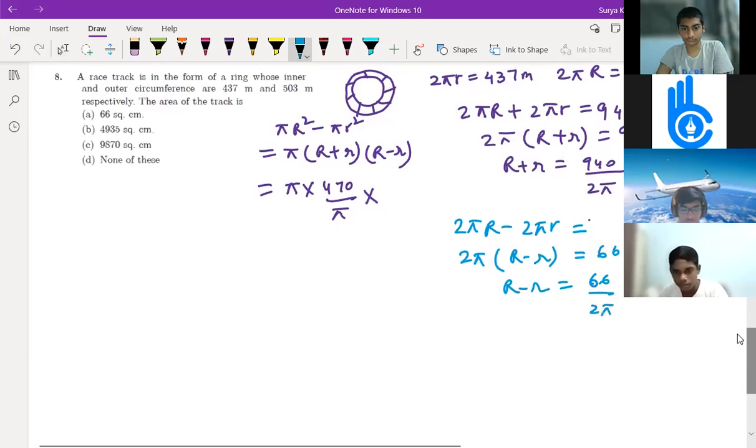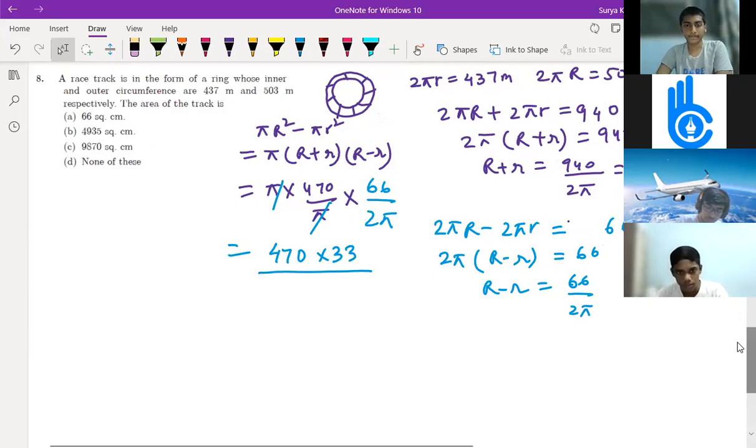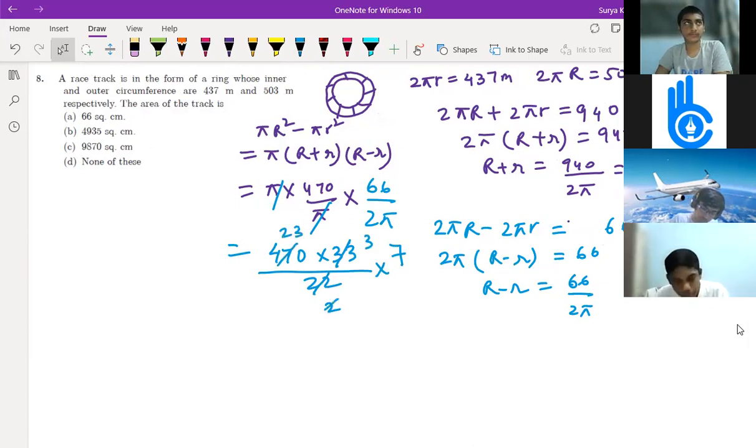It's clear. Now 66 divided by 2 pi, this will get cancelled over here. Again, you can write 33 divided by pi means 33 into 7 by 22. So 235 into 21, you do 235 into 21.